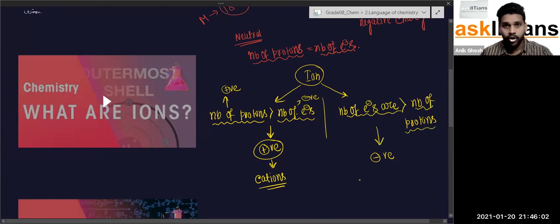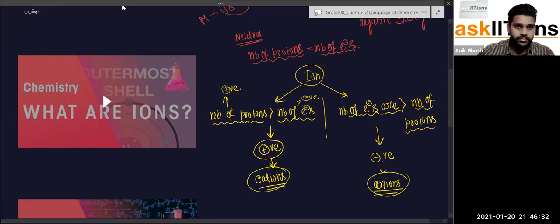I think you got it so far. So if this is negative, it is not an atom anymore, right? When there is a charge, this is not an atom anymore. We are going to call it an ion. So when it is negatively charged, we call it an anion. Now, how to remember which one is cation and which one is anion? Just remember one thing.